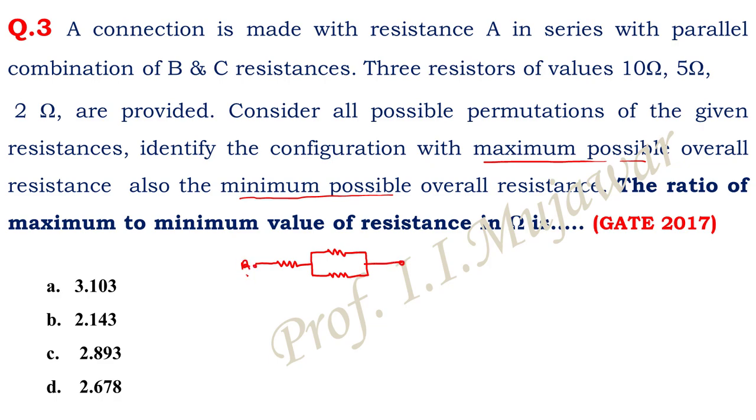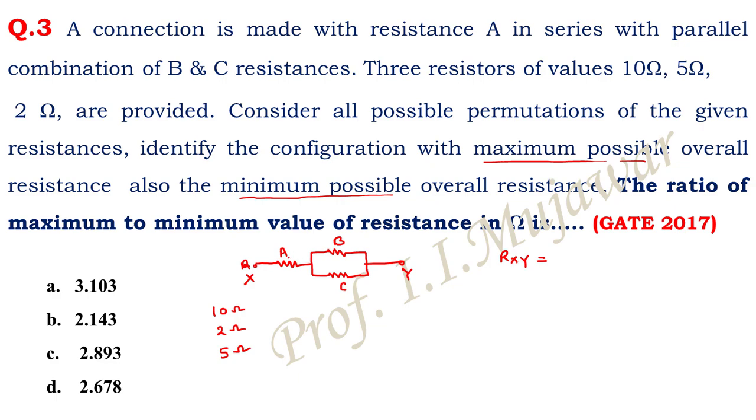Between points X and Y, here the resistances are A, B and C. Now in the first case, we have to select the values. Three values are given: 10 ohm, 2 ohm and 5 ohm. Now in the first possible configuration, the value of Rxy should be maximum.